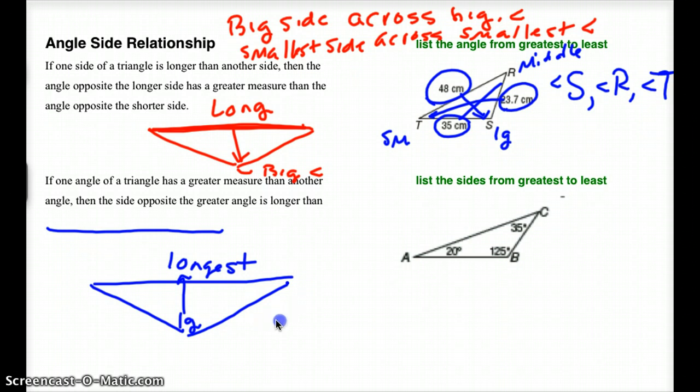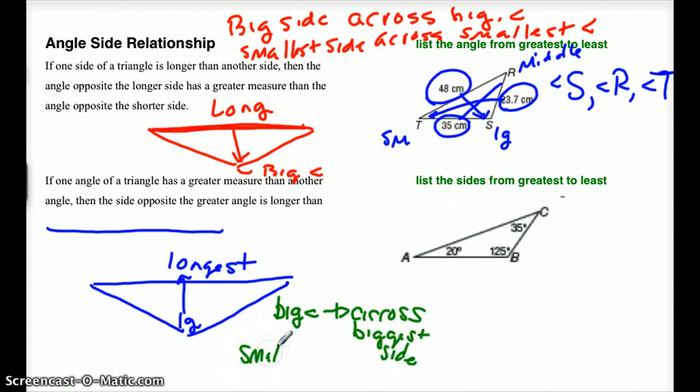When you have the biggest angle, then across from it you're going to have the biggest side. And same thing with the smallest angle, and across, you're going to have the smallest.